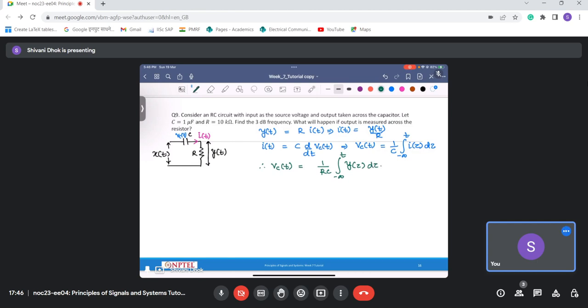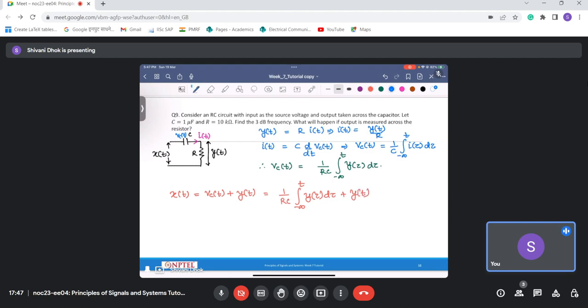Now if we consider the voltage law, we have x(t) equal to vC(t) plus y(t), which I can write as 1 by RC integral minus infinity to t y(tau) d tau plus y(t).